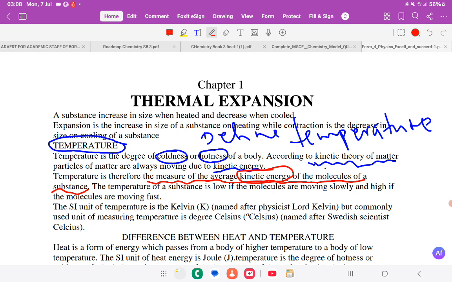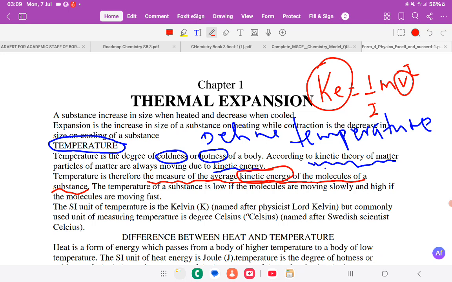Remember that kinetic energy KE is related to the speed of particles by the formula half mv squared. So when you heat a substance such that its temperature rises, the value of v increases. In other words, kinetic energy depends on the temperature of the particles in matter.